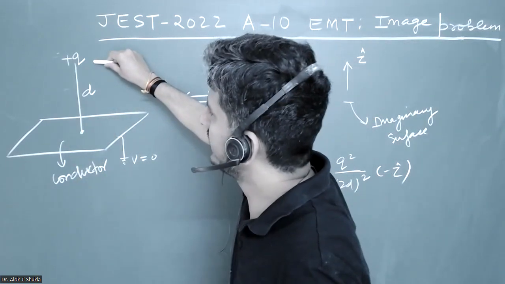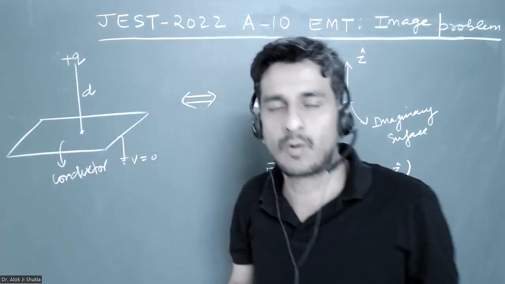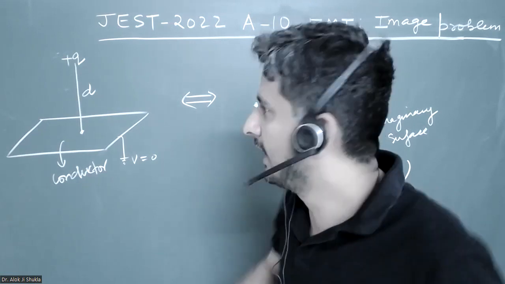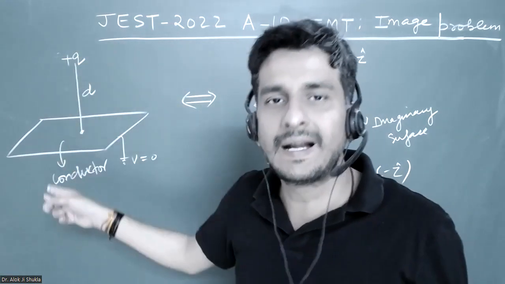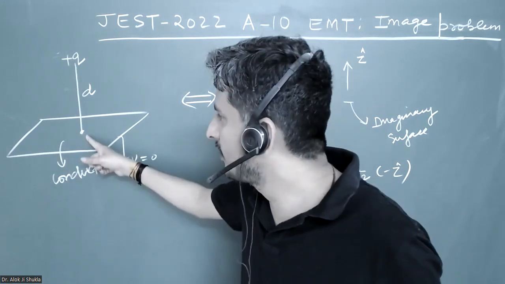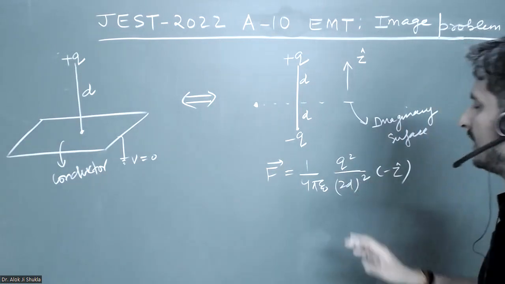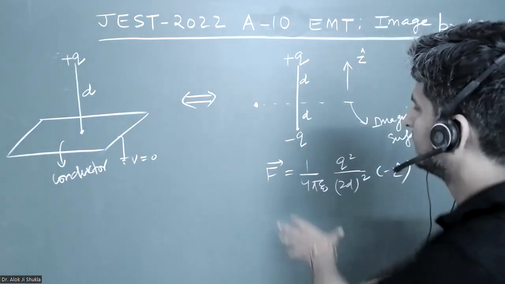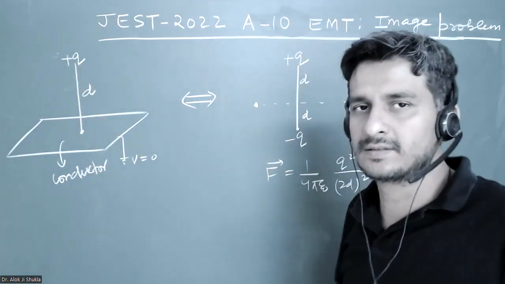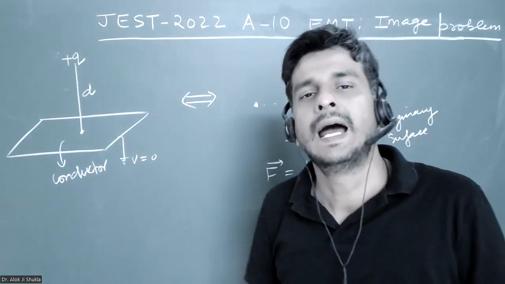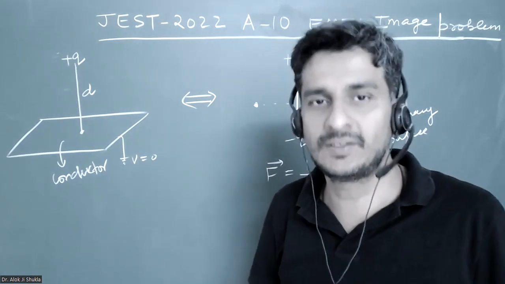So because of this plus q charge, the conducting plane will acquire a negative charge, and that will attract this charge by a force which was difficult to calculate in the original configuration, but that force is this much. So because of the uniqueness theorem, you can say that this is the force that will be experienced by this charge. Okay, fine. And now the question was asked, what is the energy stored.